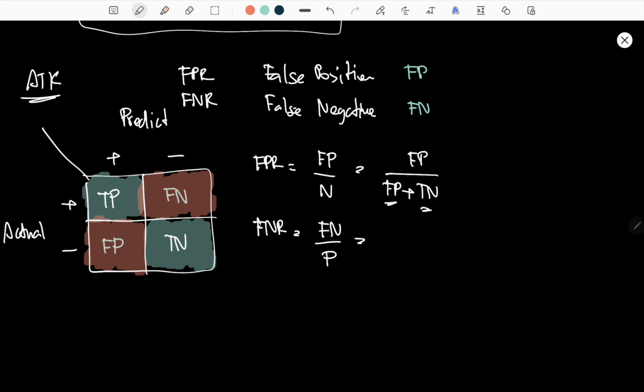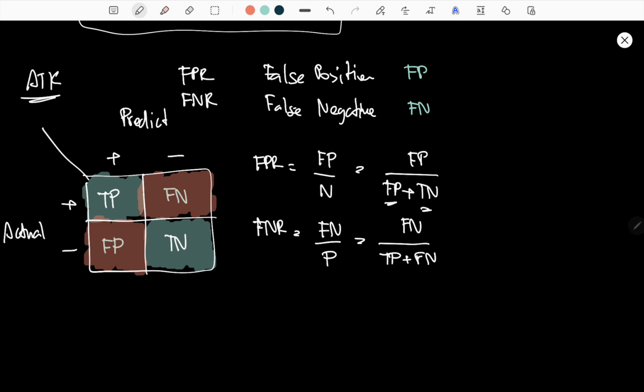So among all cases that are positive, how many of them are reported as negative? For all positive, it is the true positive plus false negative. And here, this is a false negative.